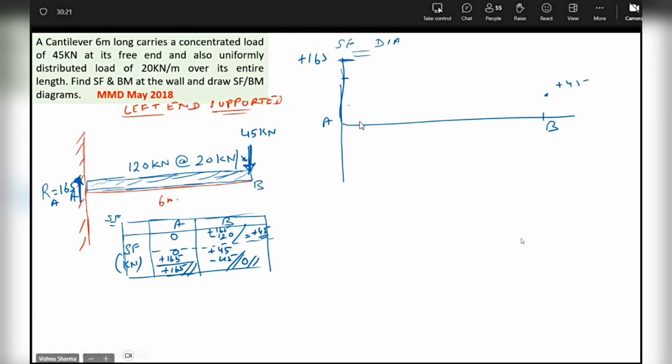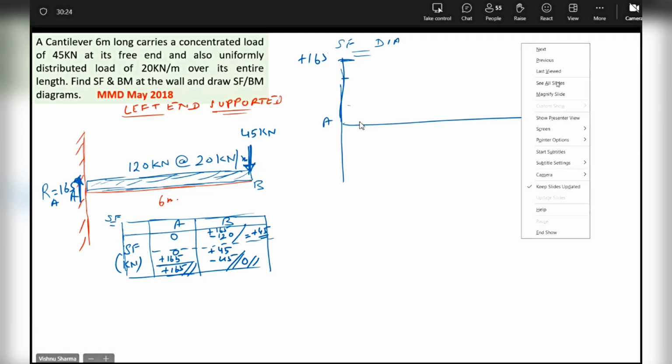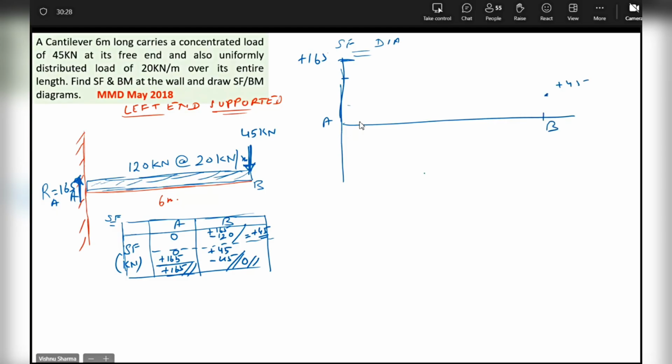So what happens for shearing force? At A, you will go from 0 to plus 165. So this will be the shearing force at A. Then from 165 it comes to plus 45, and then it will become 0 at B.